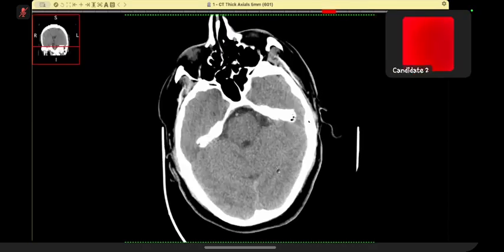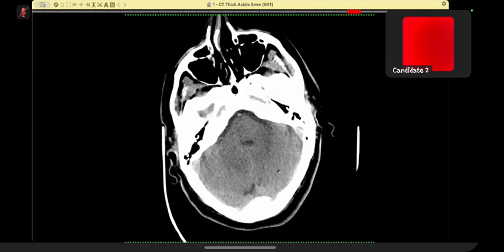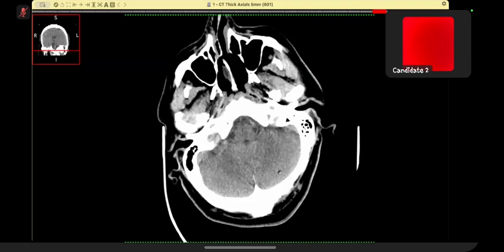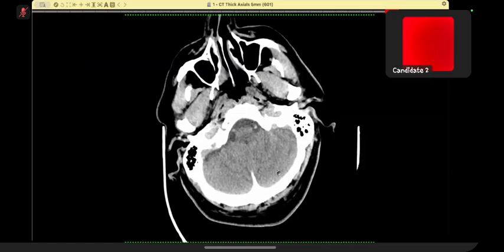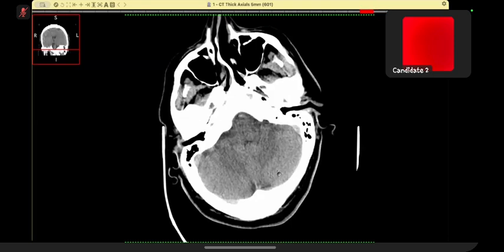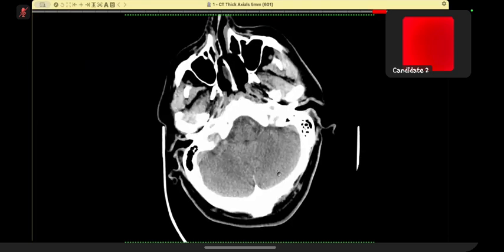Okay, so my other review area would also include the cerebellopontine angles. I'm just trying to look if, okay, so I can see that there appear to be bilateral densities which appear to be hyperdense in the region of the cerebellopontine angles, especially on the right side, which is slightly expanding the internal acoustic meatus.